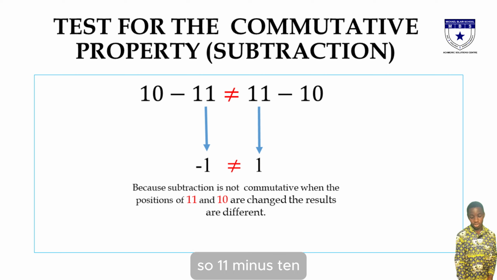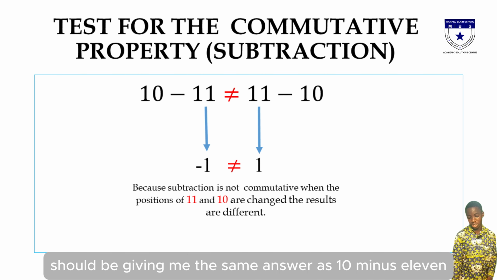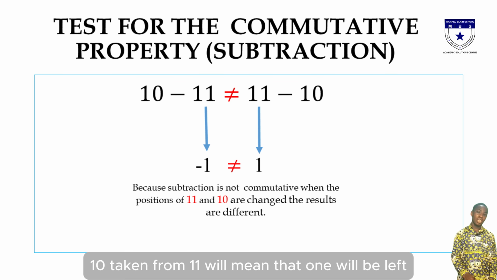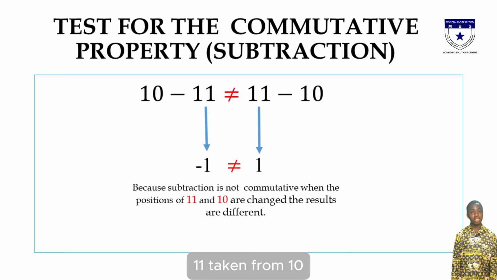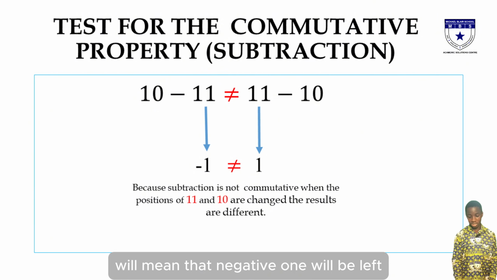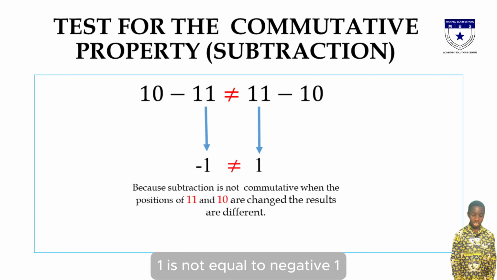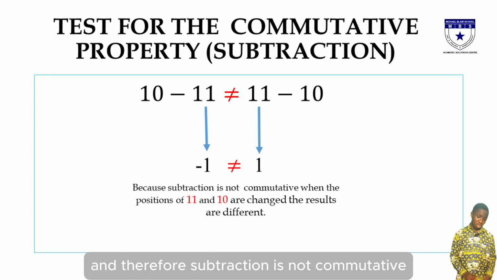So 11 minus 10 should give me the same answer as 10 minus 11 if subtraction is commutative. 10 taken from 11 will mean that 1 will be left. 11 taken from 10 will mean that negative 1 will be left. And by doing so, 1 is not equal to negative 1, and therefore subtraction is not commutative.